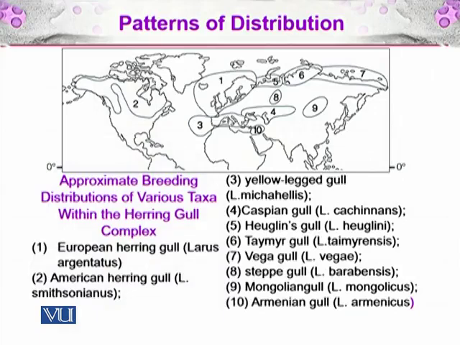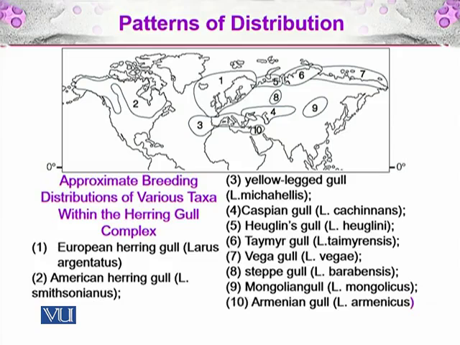Here you can see a picture of the approximate breeding distribution of various taxa within the herring gull complex. One is the European herring gull, two is the American herring gull, three is the yellow-legged gull, four is the Caspian, and then the Heuglin's, Taimyr, Vega, steppe, Mongolian, and Armenian gulls. There are different distribution patterns, but these patterns are not perfect; these are just distribution factors.